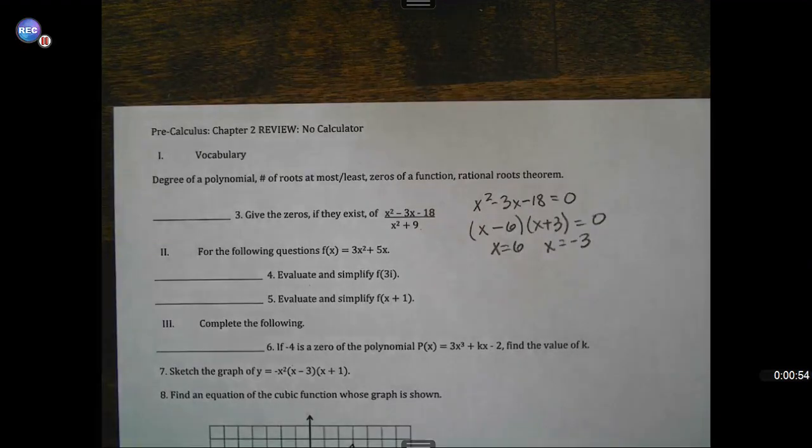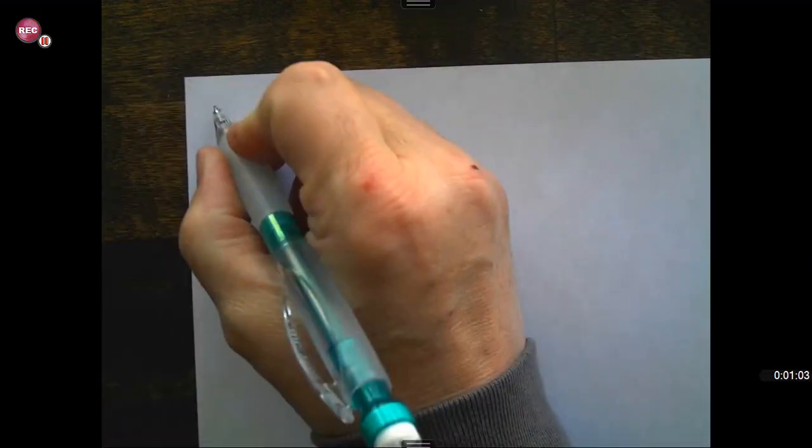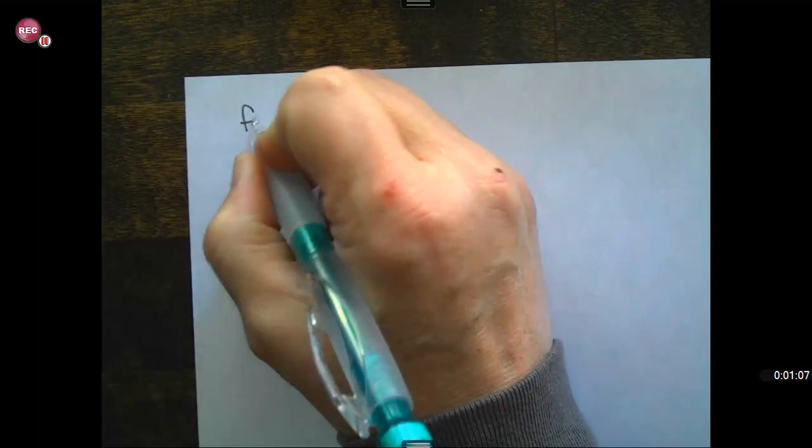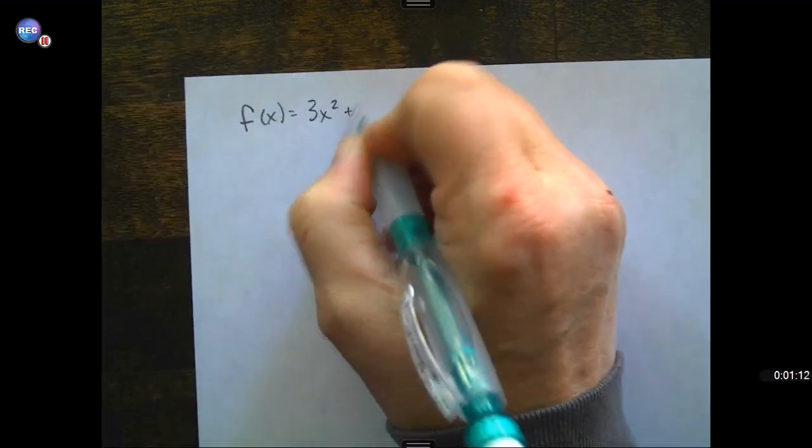And I need another sheet of paper here, it looks like. I didn't leave myself quite enough room to write the answers right on there. So the next part, we're using f of x equals 3x squared plus 5x.